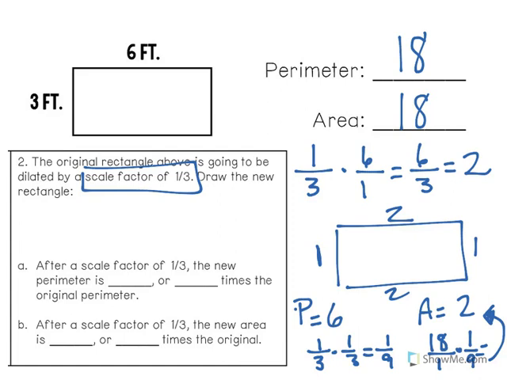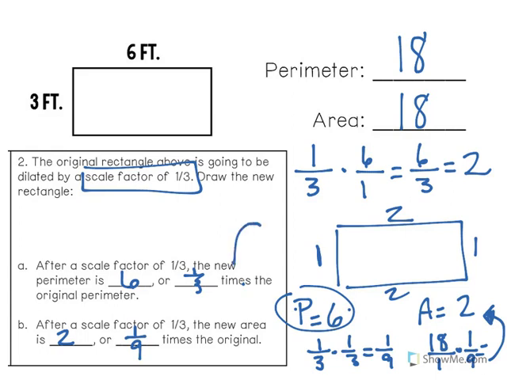So although my perimeter is 6, it is also 1/3 times the original perimeter. So 1/3 of 18 is 6, which is still what I went with. And the area, yes, it's 2, but it's also 1/9 times the original. Okay?